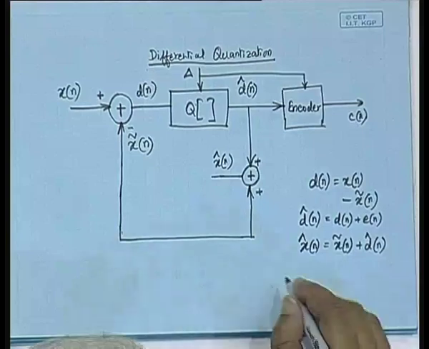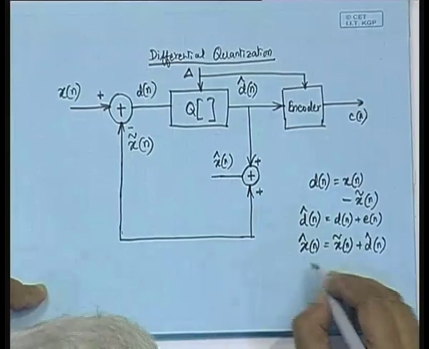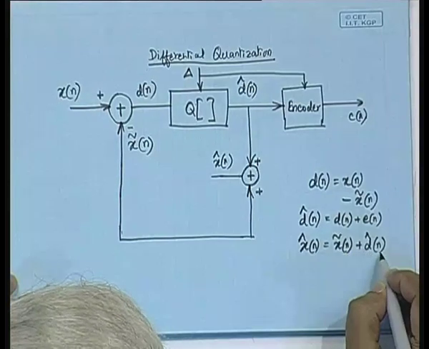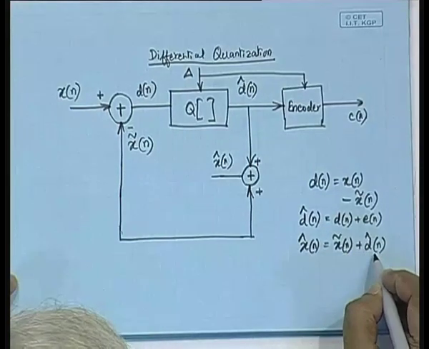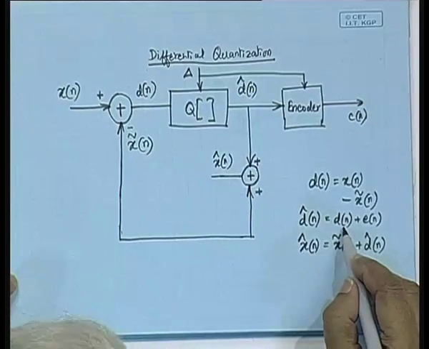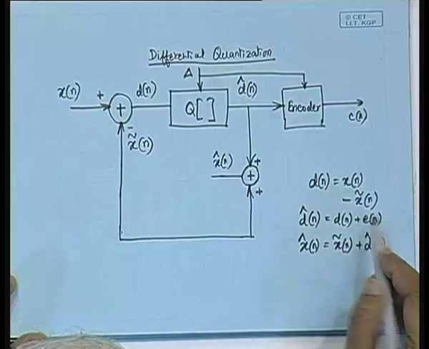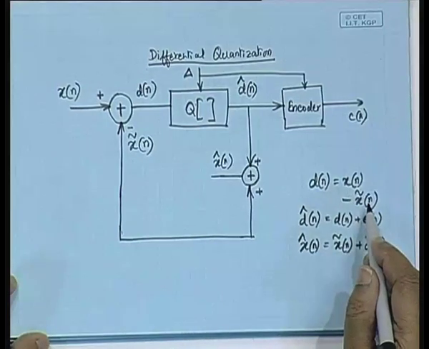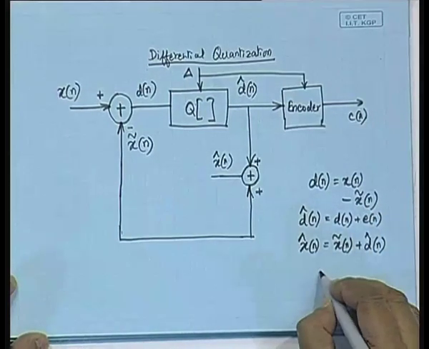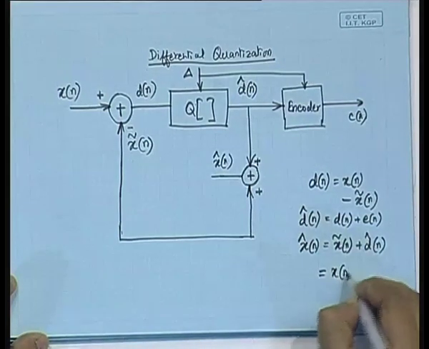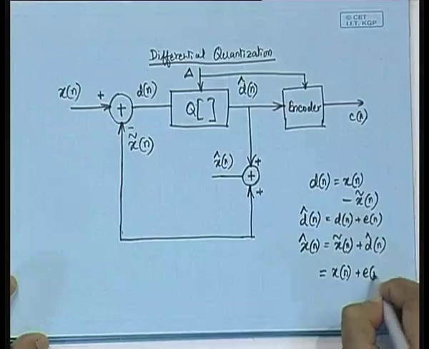Now this obviously implies that if x cap of n is x tilde of n plus d cap of n, just look at this, d cap of n is nothing but d of n plus e of n, and d of n is x of n minus x tilde of n. So you just substitute this directly, and what results is x of n plus e of n.